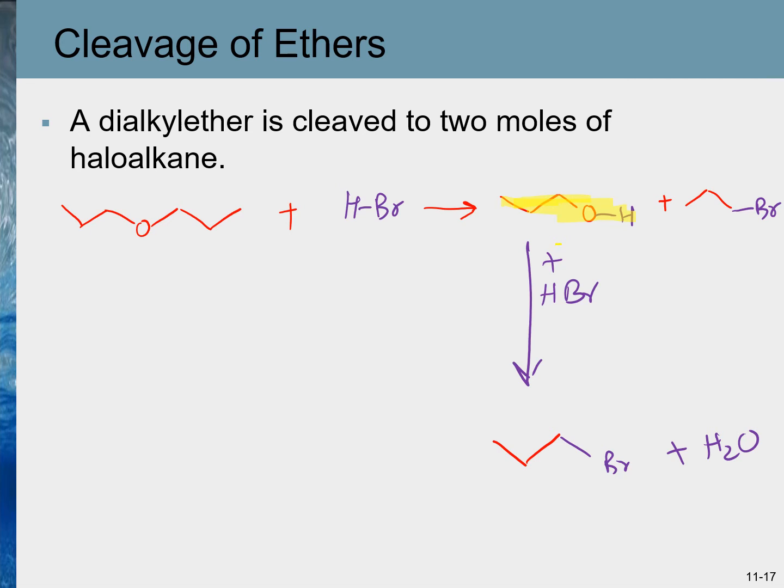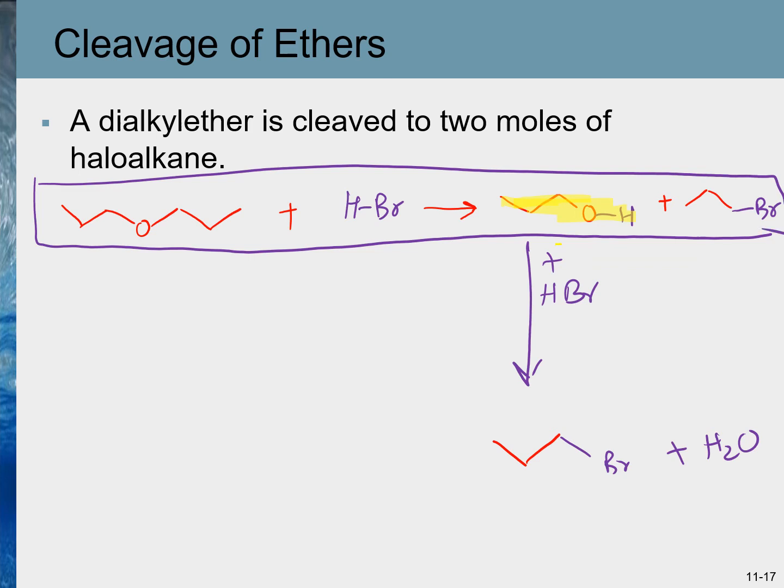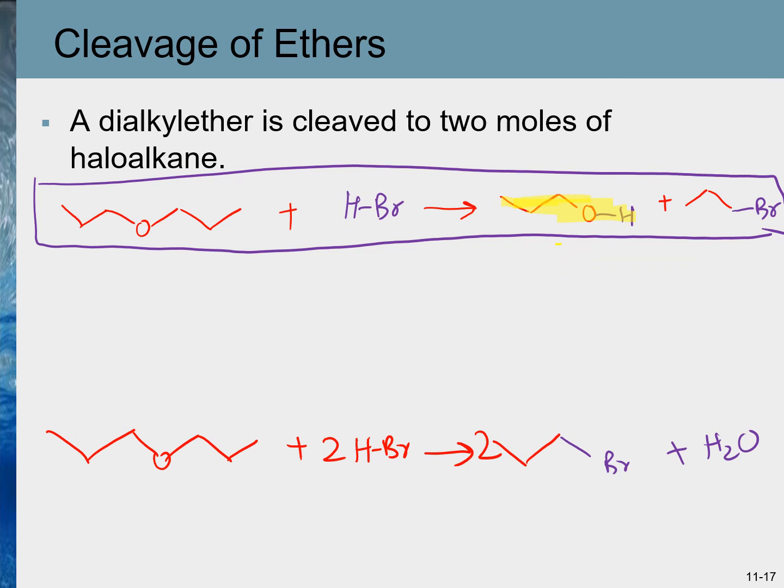So therefore we can say that if we have only 1 mole of acid and 1 mole of ether, then the product will be an alcohol and an alkyl halide. But if we use 2 moles of acid or excess of acid, then the product will be 2 moles of alkyl halide and water.